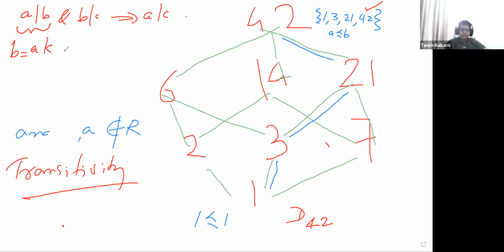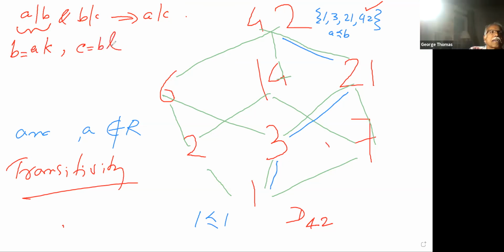Yes. And what does B divides C mean? C is equal to B multiplied by some integer L. Agreed? Yes. Well, if C is BL, then we can substitute for B, can't we?